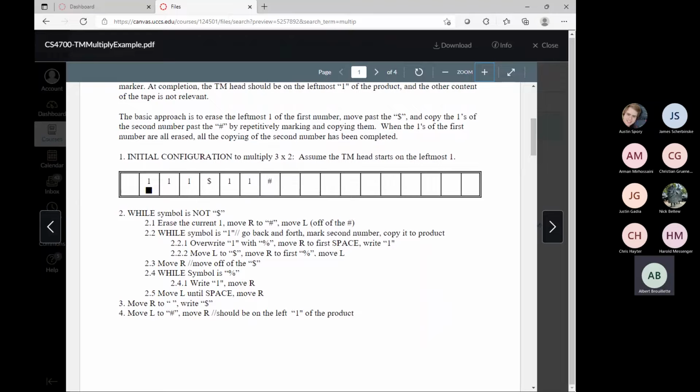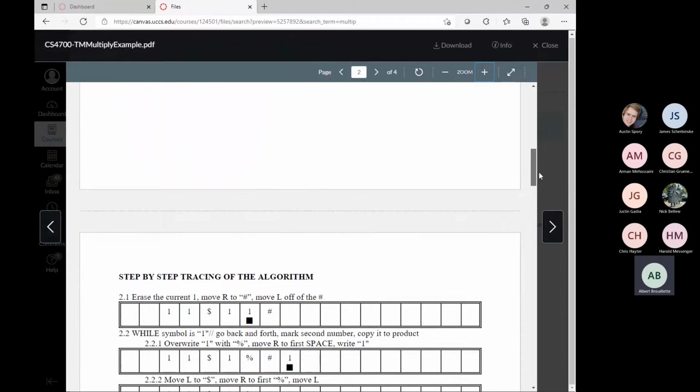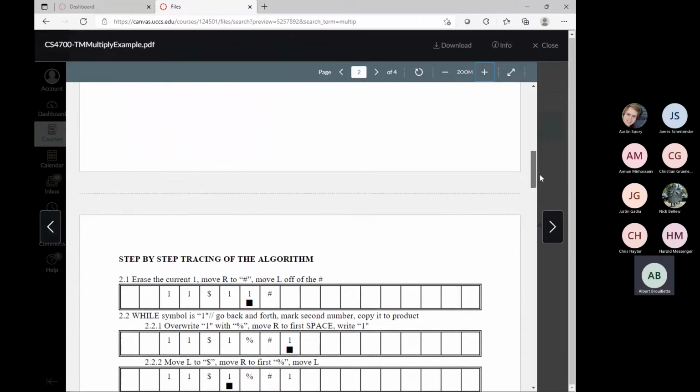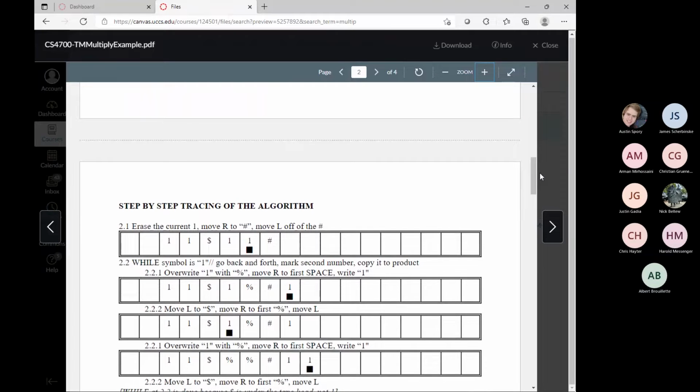The head is here, and just quickly move through what's going to happen. The first 1 gets erased on the left. Over here there was a 1. We erase that, and then we start writing, going back and forth, writing the copy of the number that we were using.